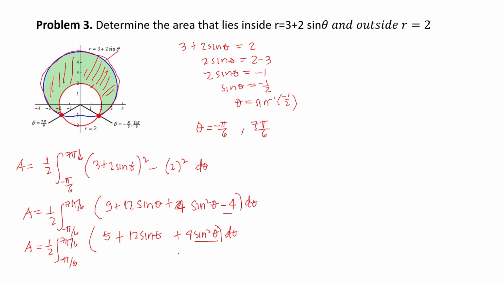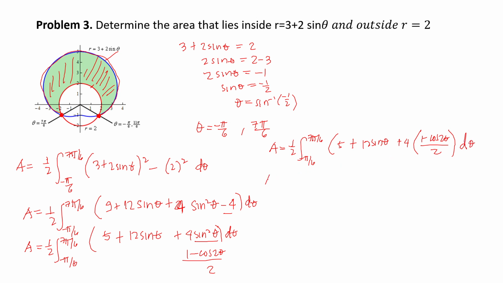And the equivalent for this one is 1 minus cos 2 theta over 2. Okay, we need to simplify. Area is equal to 1/2 integral from negative pi over 6 to 7 pi over 6 of 5 plus 12 sine theta plus 4 times 1 minus cosine 2 theta over 2, then d theta.